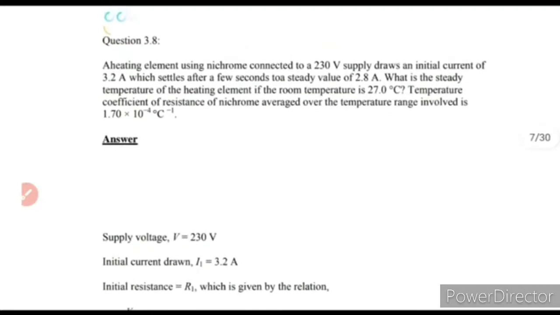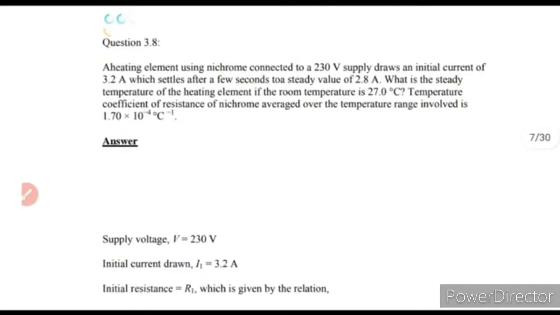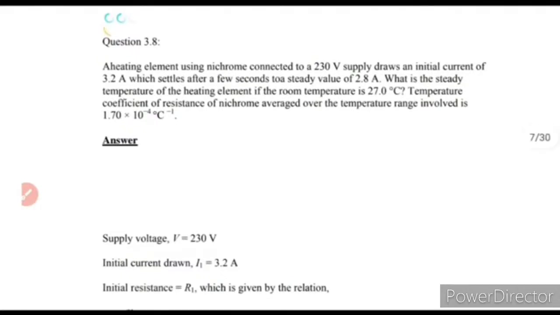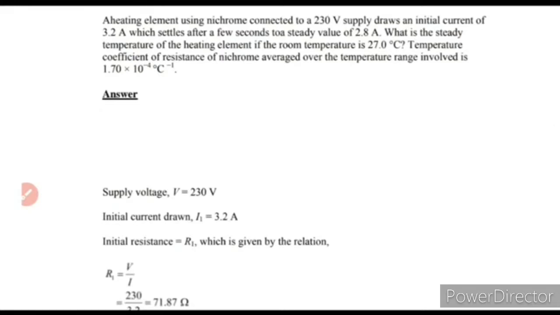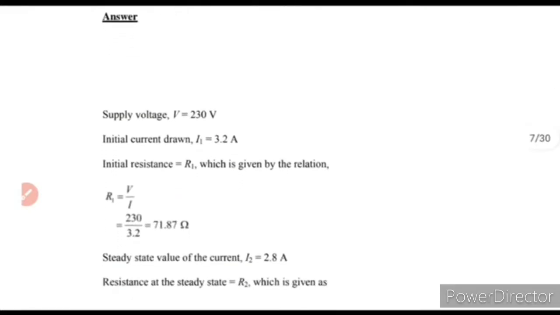Here, instead of giving R0, they directly gave the current. So the initial current is 3.2 ampere, so 230 by 3.2. Then after a few seconds it settles to 2.8, and by that you will get RT. Room temperature was found to be 27 degrees Celsius. The other temperature you have to calculate. Alpha also is given.